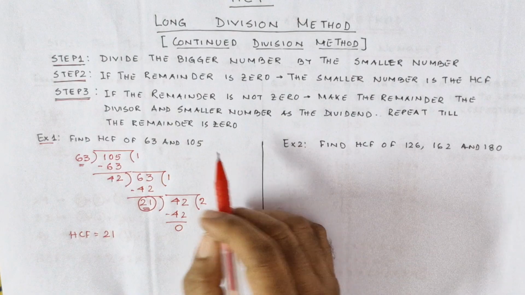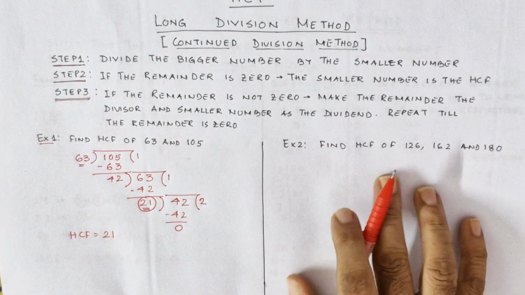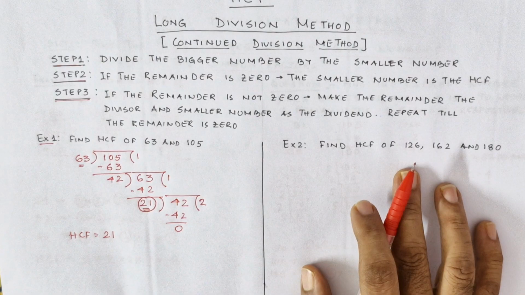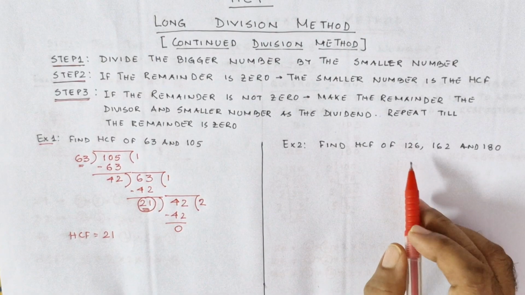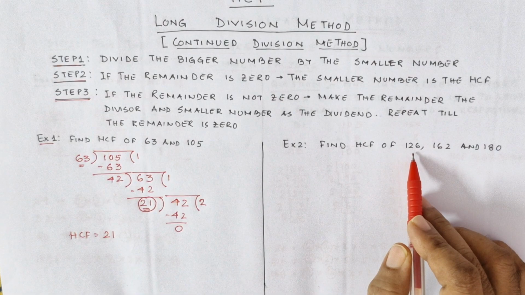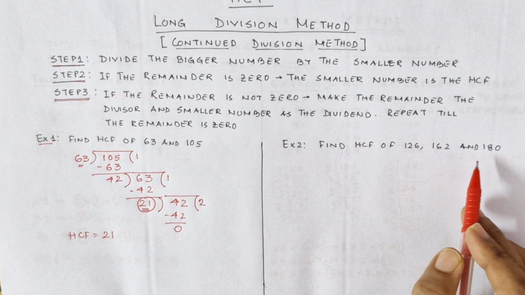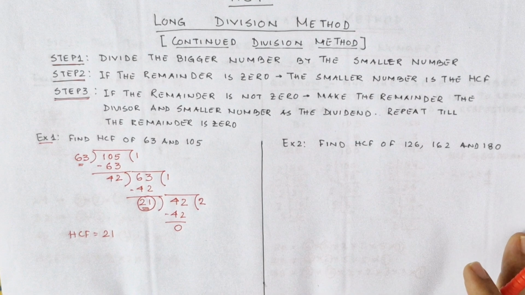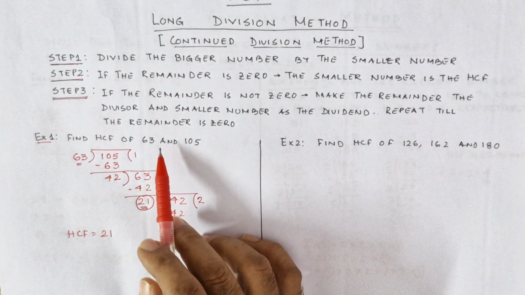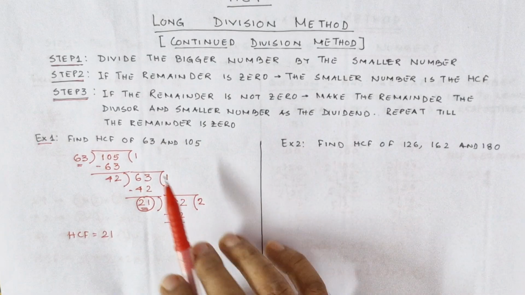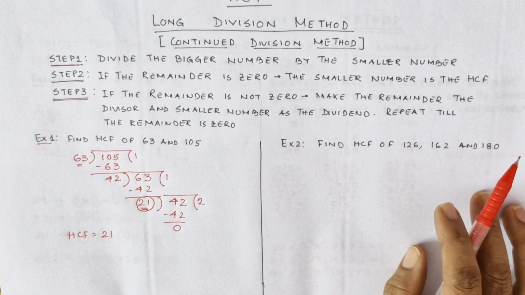We have taken two numbers. Now we'll be taking three numbers. Find out the HCF of 126, 162 and 180 by the long division method. Now we know how to apply the long division method for two numbers, but now we have three numbers.